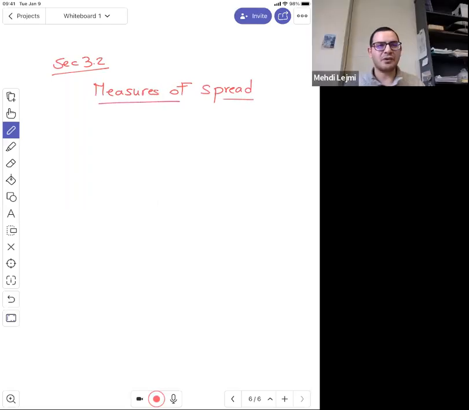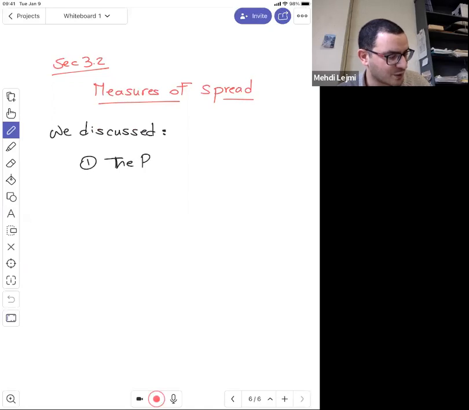Just to remind you, as a measure of spread we discussed first the range, which is just the difference between the largest and the smallest data values. Then we have the variance and the standard deviation, s.